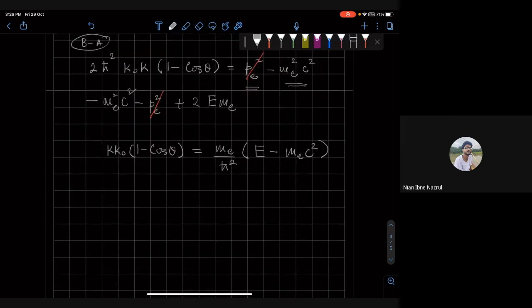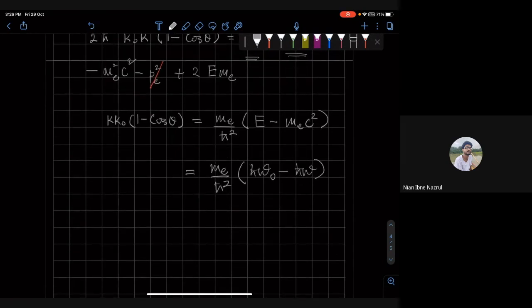So we can replace the thing in the bracket on the right-hand side by h bar omega naught minus h bar omega, right? We're using the energy conservation equation from way above.